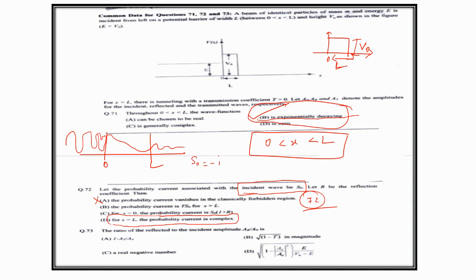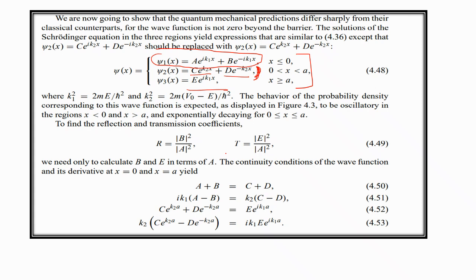You know S naught is, I'll do it here. See here, incident is A e raised to the power i k1 x, right? This is incident. So if you are asked to find the probability current density for the incident wave, it will be minus i h cross upon 2m, psi I star del psi I minus psi I del psi I star.